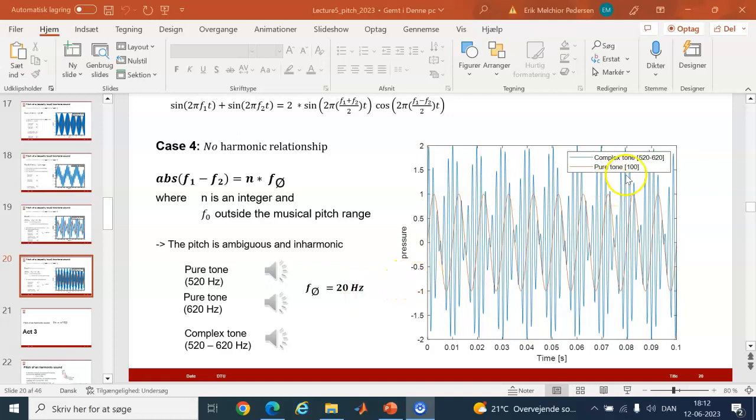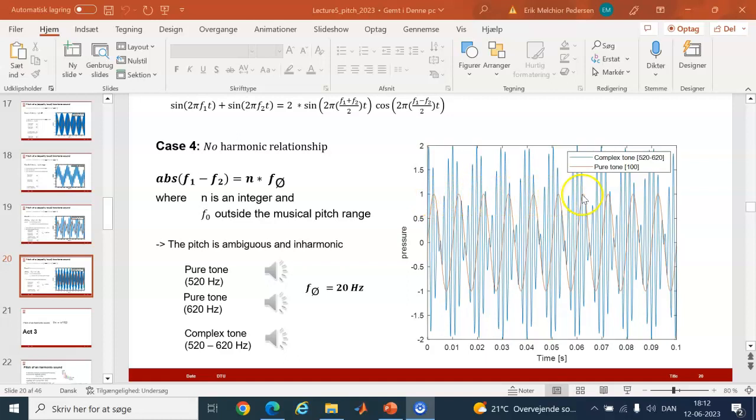We have here the blue tone from 520 to 620 and the pure tone with 100 Hz. This one from here to here, here, here.